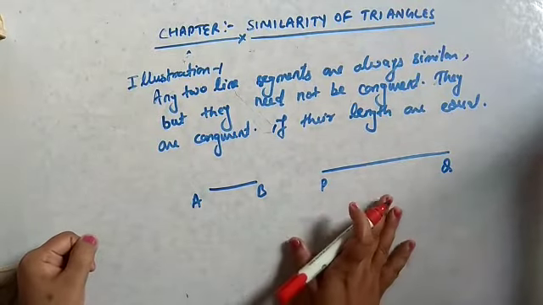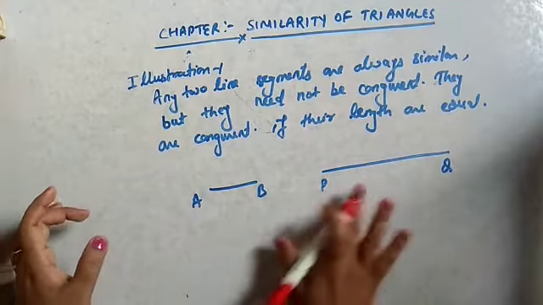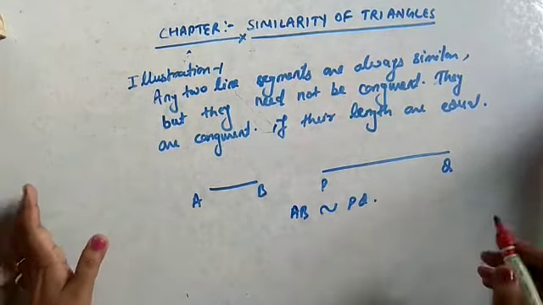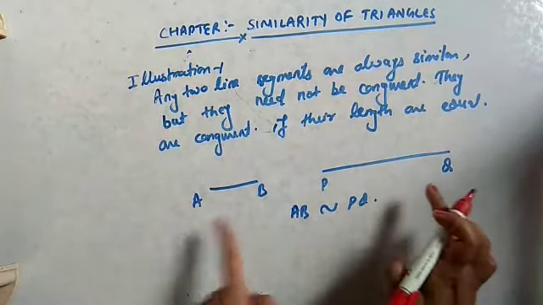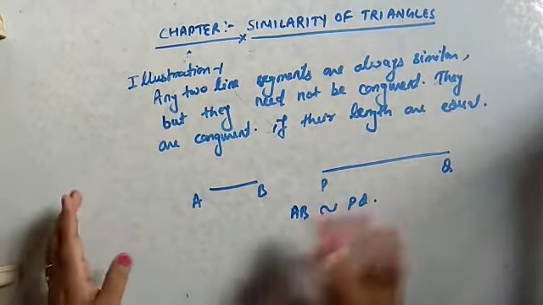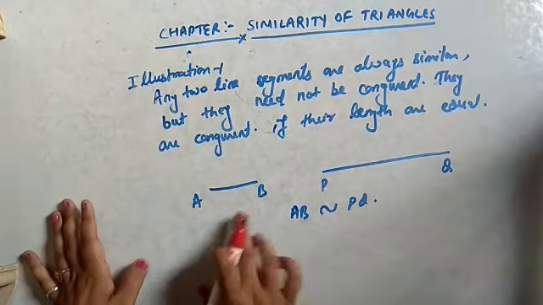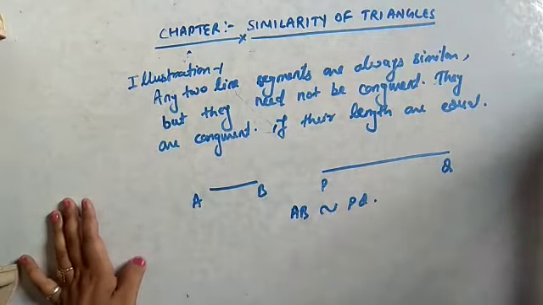So they are looking like each other in all manner, so they are similar to each other. AB is similar to PQ. But only if their lengths are equal can we say that they are congruent to each other. So here you can see AB is smaller than PQ.